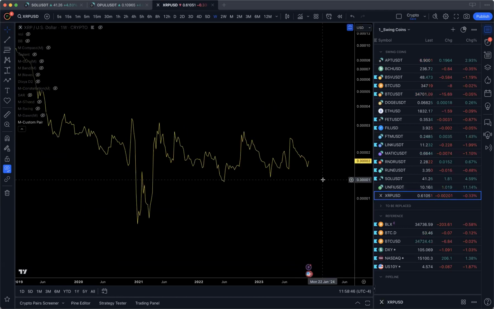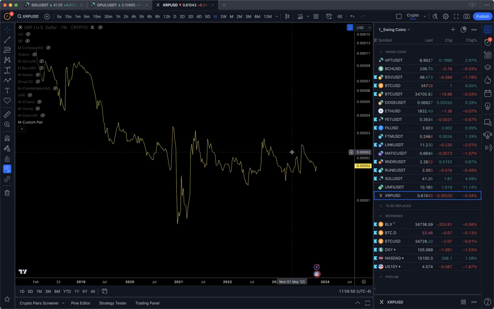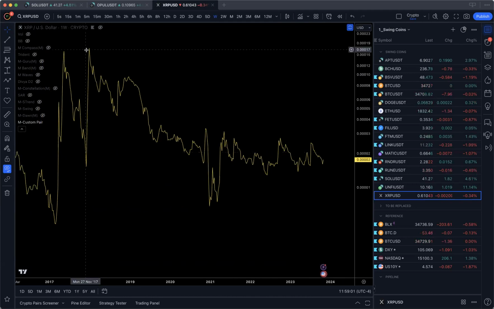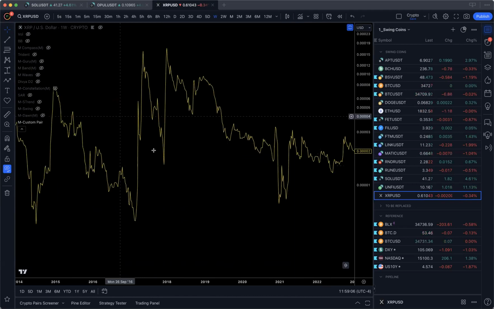XRP is flat. XRP is flat. That means there's no trend. When you see this one, it means whether you have XRP or BTC doesn't matter in this phase. But if you look at the long term like this, then it matters a lot. If you look at this patch, then XRP matters, but this one, BTC matters.